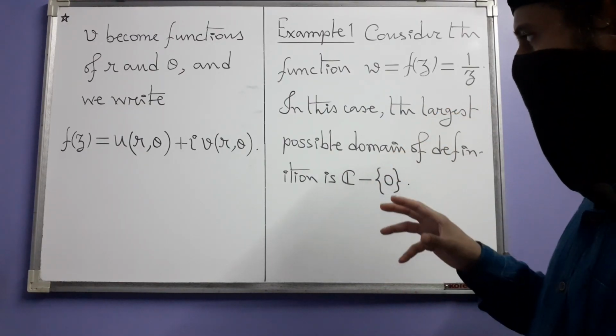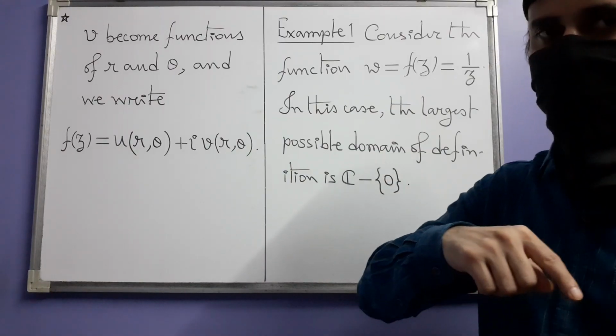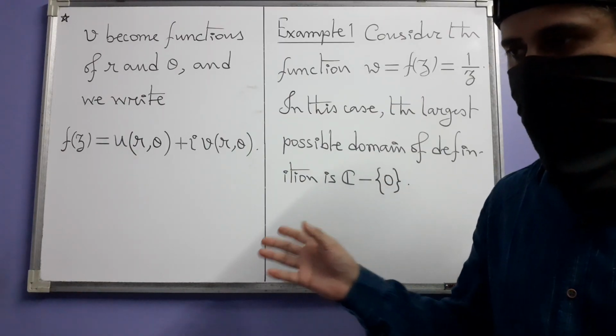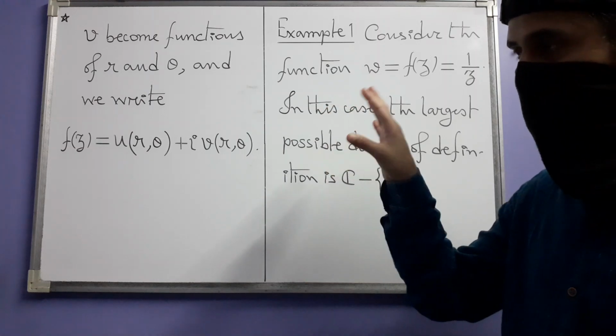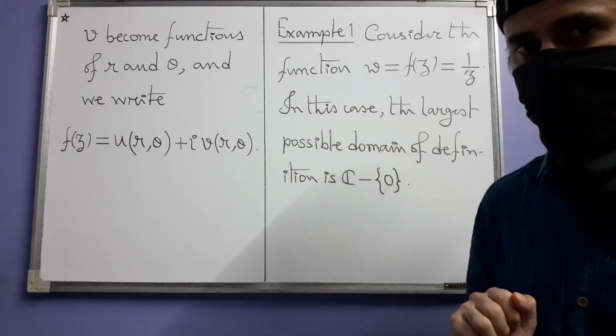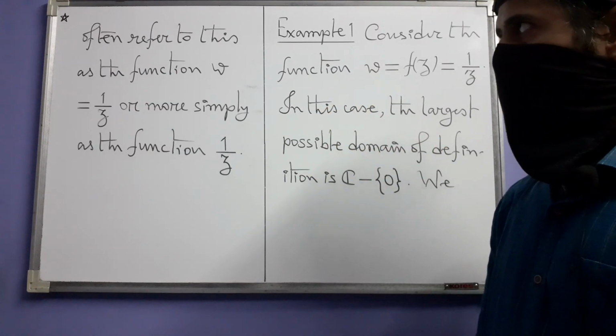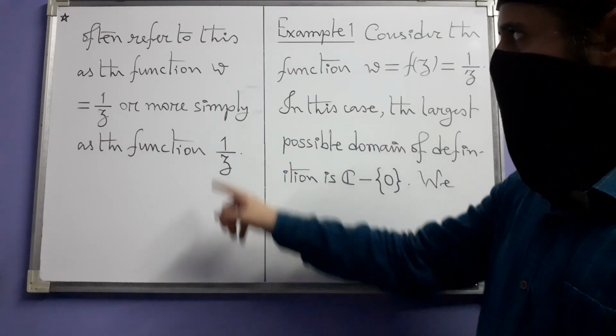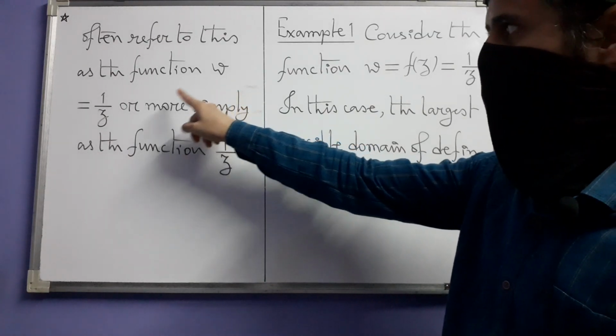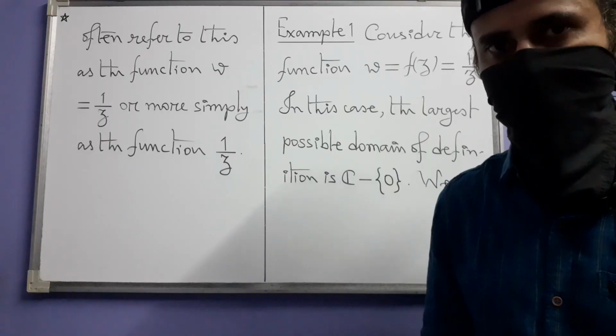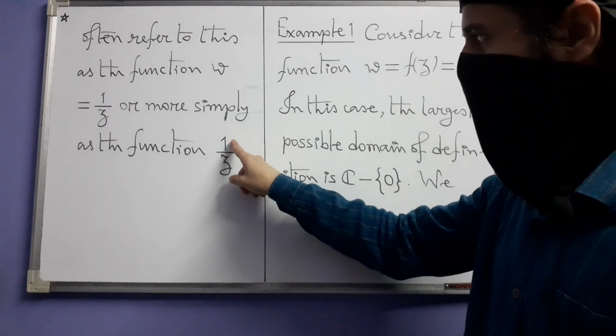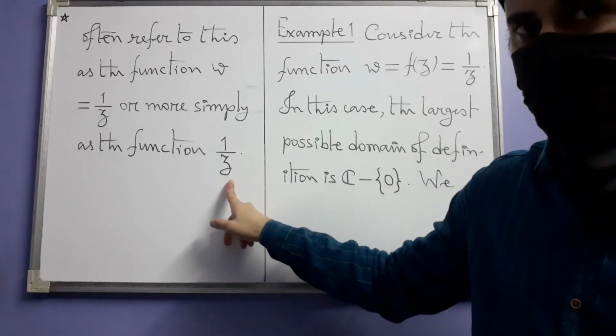If you however want to restrict the domain, you want to have a smaller set somewhere in the complex plane, then you have to specify that explicitly. And we often refer to this function with this equation, w equals 1 over z, or sometimes even more simply like this, 1 divided by z.